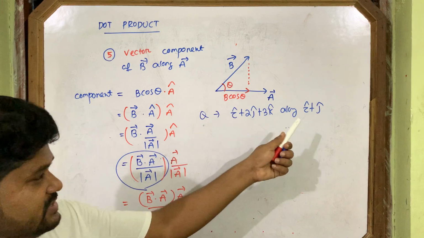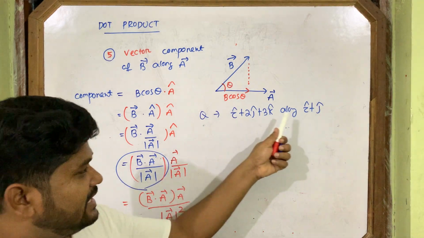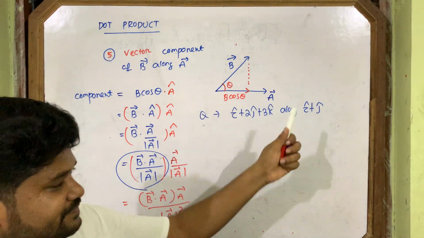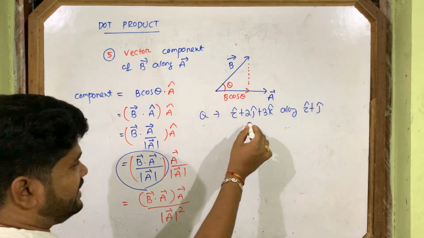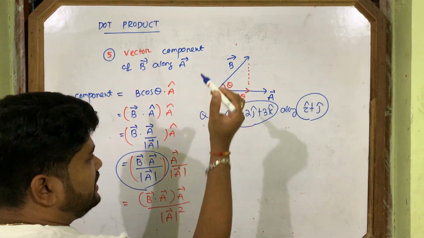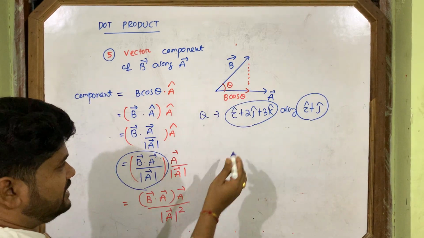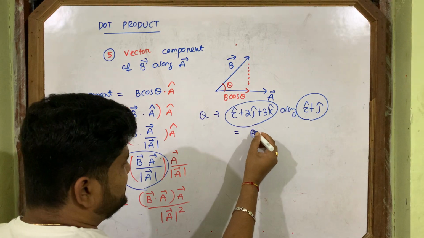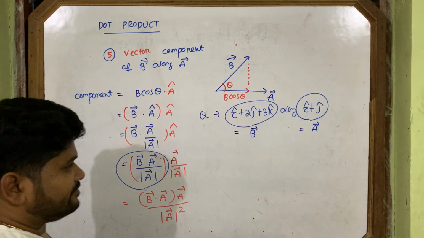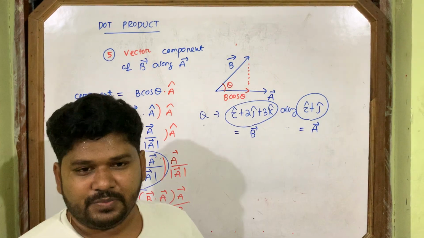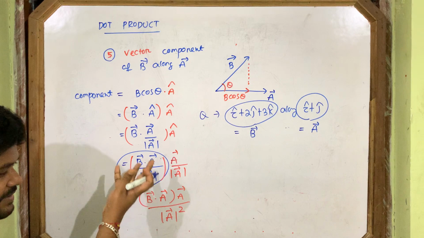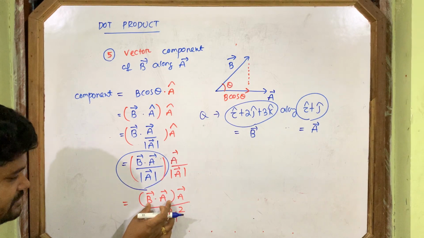We will find the component of this along that vector. According to our formula, this one is the B vector, whose component we will find, and this one is the A vector, along which we find the component. Now use the formula I have derived. First you find A dot B.